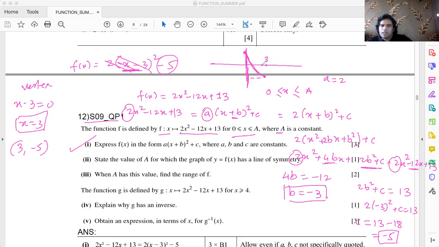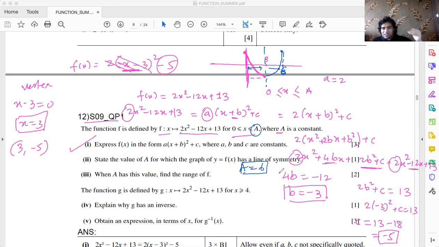In order to have a line of symmetry, the other half of the graph should look like this, because it should be an exact half, and this is the line of symmetry, x equals 3. So the largest a value is, because this distance is 3, this distance must be 3 again, so this coordinate is 6. So the value of a for which it will have a line of symmetry is 6.